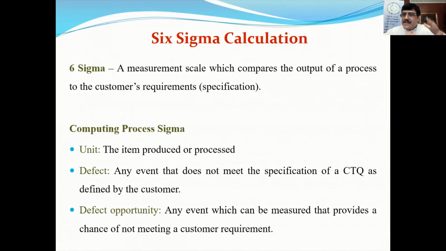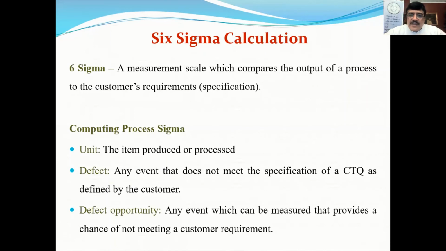Some of this product will be good product, and some will not be good product. And these not good products, in Six Sigma terminology, are called defects.